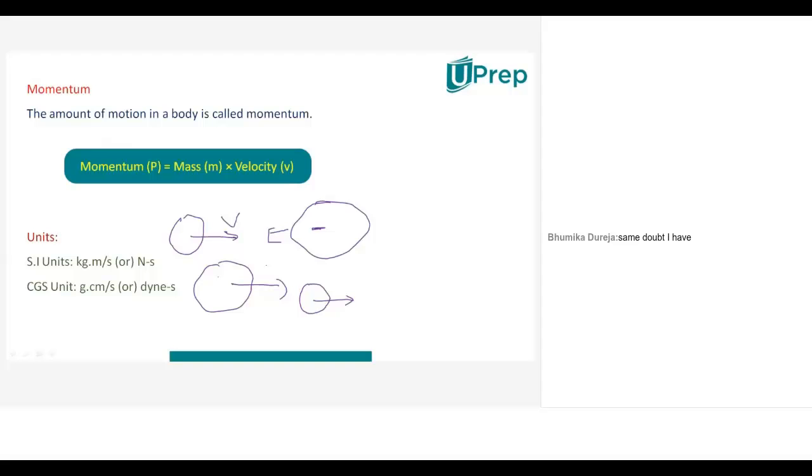Sir, horse will have more mass. Why are you thinking so? Calf will generally have more mass than horse. The calf is a baby cow, not a cow, sir. Okay, if you are taking that meaning, horse will have more momentum.